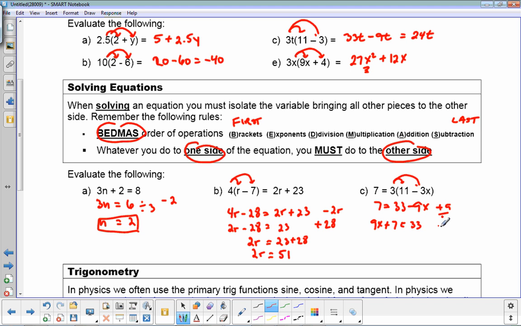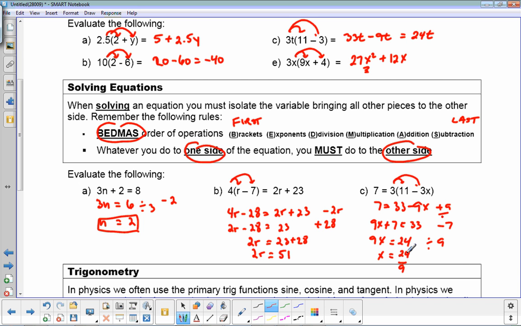Then I'm going to subtract 7 from both sides. So 9x is equal to 24. And then you can divide both sides by 9 and have x equals 24 over 9. And we're done.